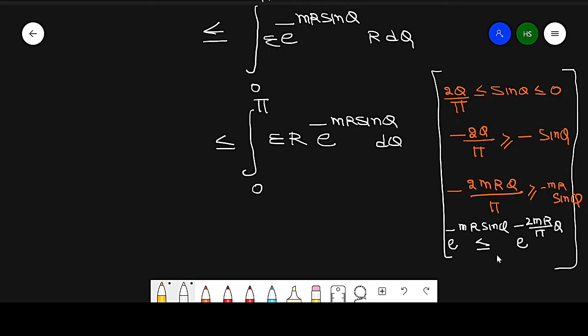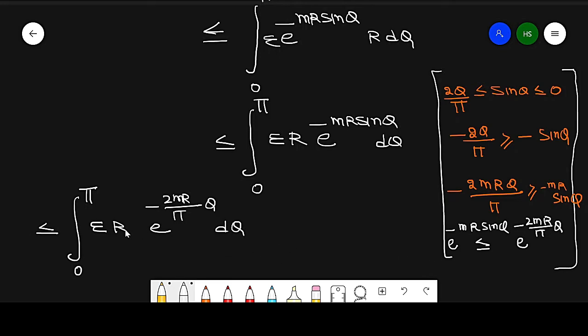Now by using this result, we get less than or equal to the integration from 0 to pi of epsilon into r e raised to power minus 2mr over pi into theta into d theta. So by using this result I get these values.